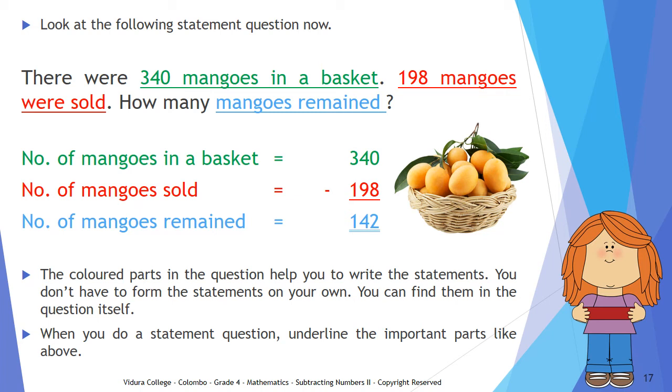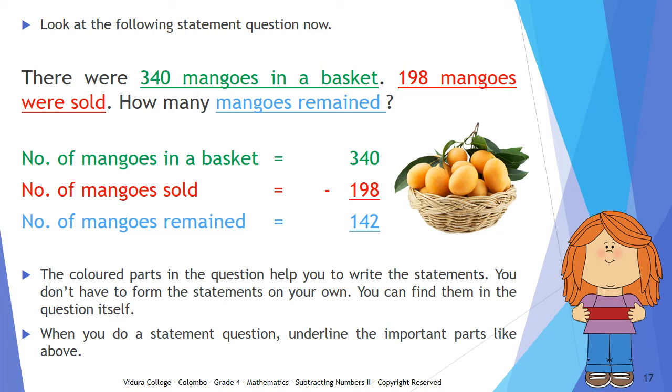Can you see the colors I have given? In green color, you have the details you need for the first statement. 340 mangoes in a basket. So you have to convert it to number of mangoes in a basket equals 340.